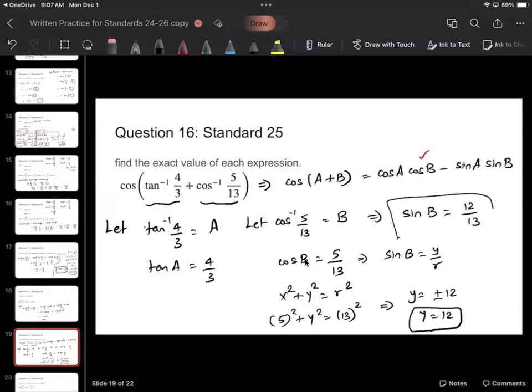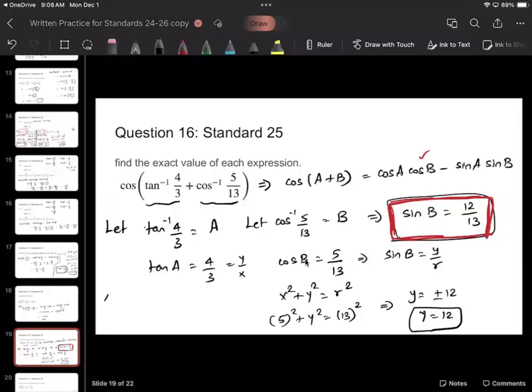So see what we did here. We used the value of cosine B, and then we wrote the value of sine B using this formula: sine B is nothing but y over r. We are going to do the same thing here. We were given the tangent, correct? Tangent is y over x.